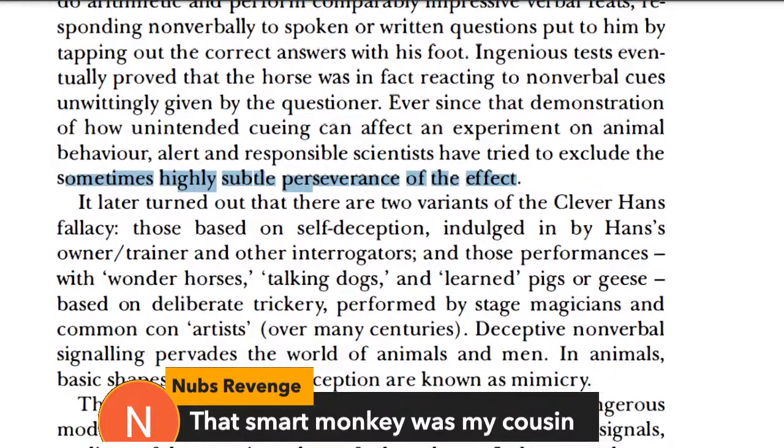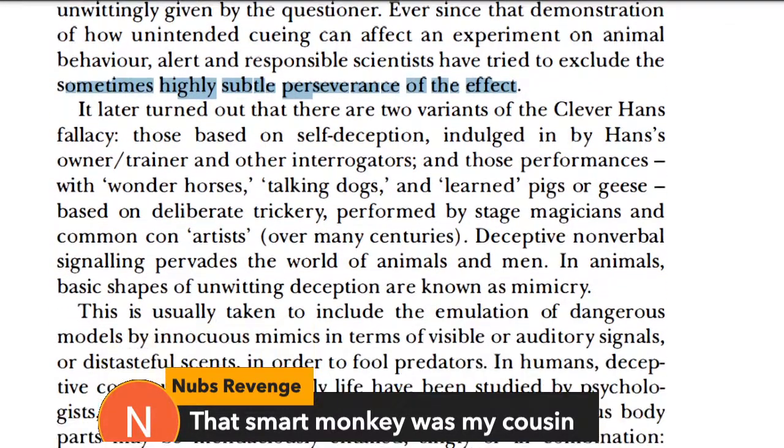All right, so it later turned out there were two variants of the Clever Hans fallacy. Those based on self-deception, indulged by Hans's owner, trainer, and other interrogators, and those based on deliberate trickery, performed by stage magicians and common con artists over many centuries, with wonder horses, talking dogs, learned pigs, or geese. We see a lot of, I guess you could call them learned pigs.